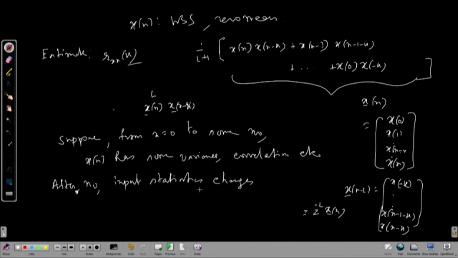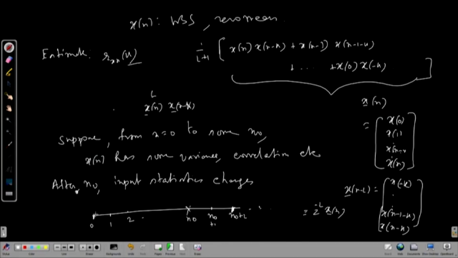So now if you are calculating correlation, you are going like this, index 0, 1, 2, and so on, here is your n naught, then n naught plus 1, n naught plus 2, and so on. Suppose you are here up to this, and suppose you are taking variance as a special case.